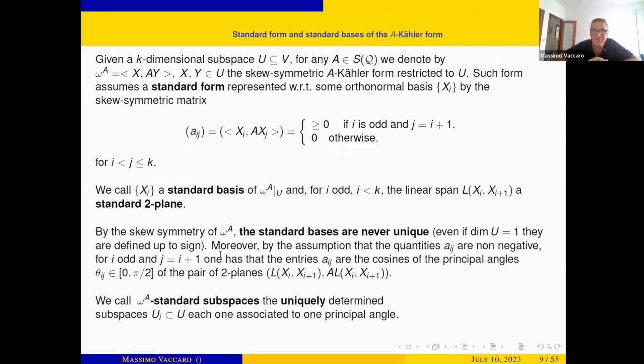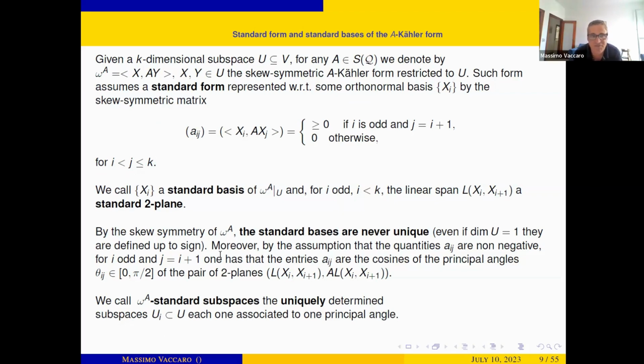If we take any compatible complex structure A and a k-dimensional subspace, we denote by omega A, for any two vectors, the scalar product of x and I_A y.